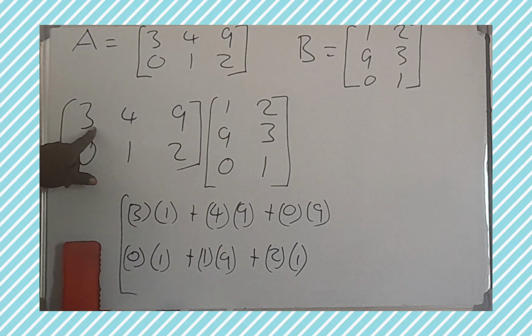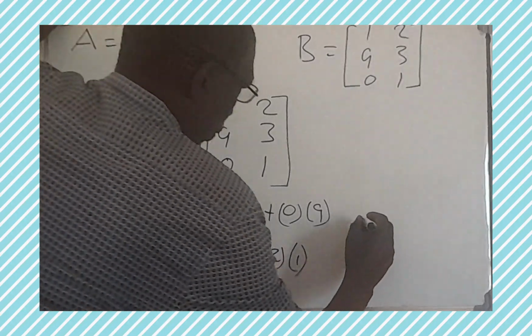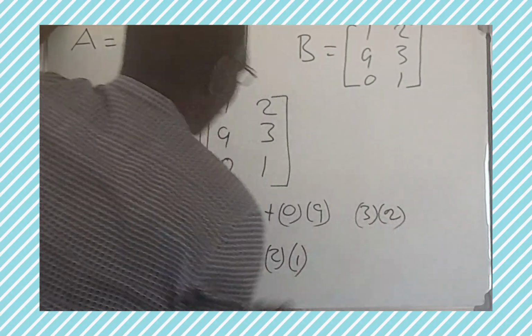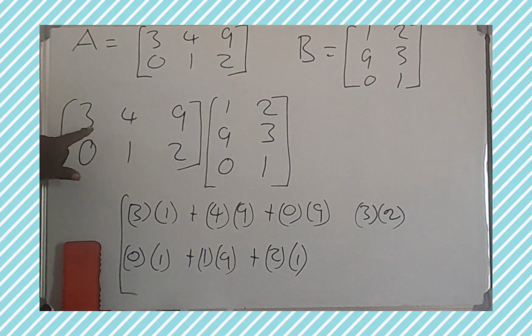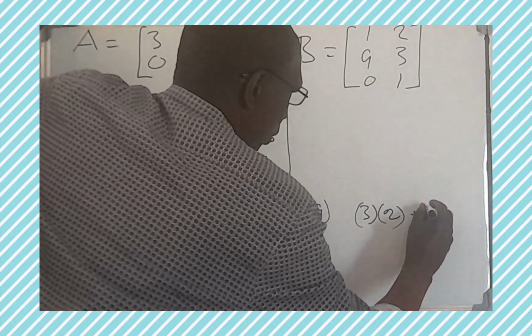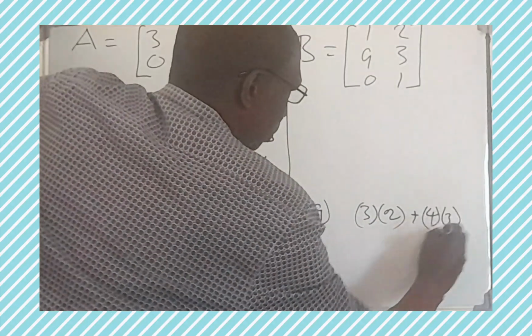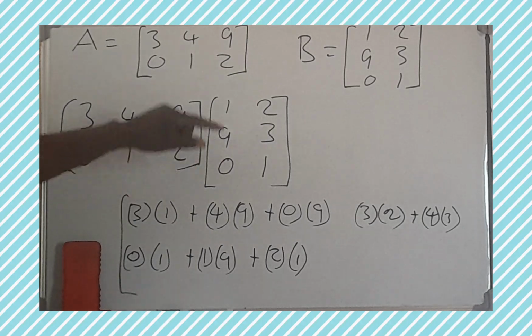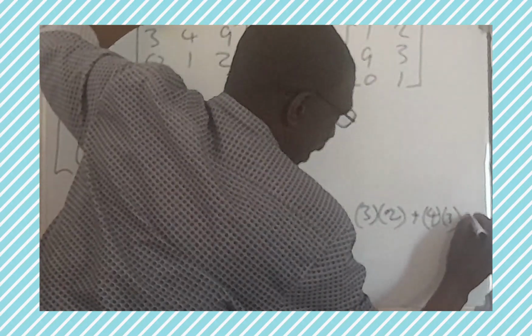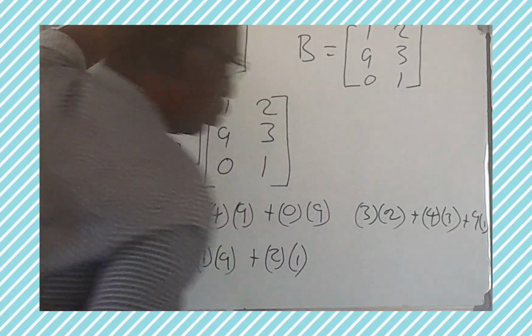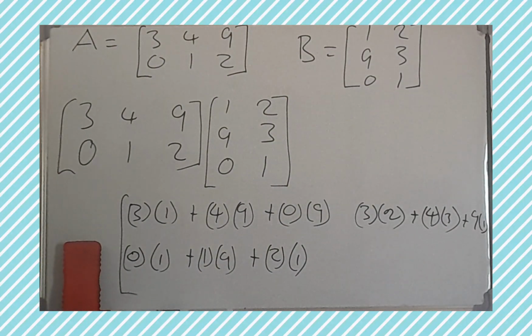It's a 3 multiplied by a 2, so which is 3 by 2. A 4 multiplied by a 3, plus a 9 multiplied by a 1.